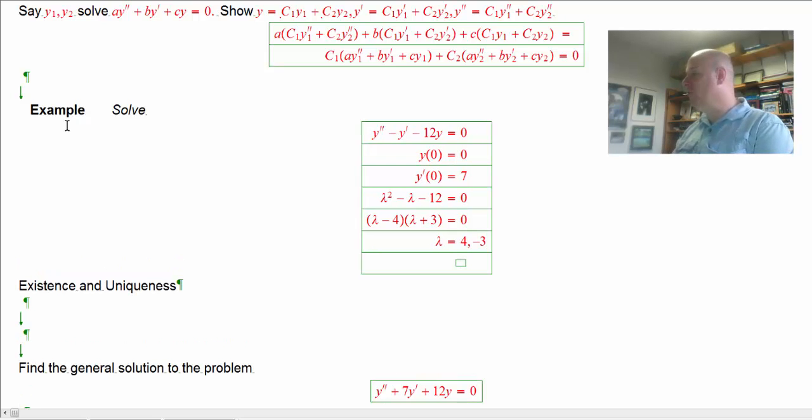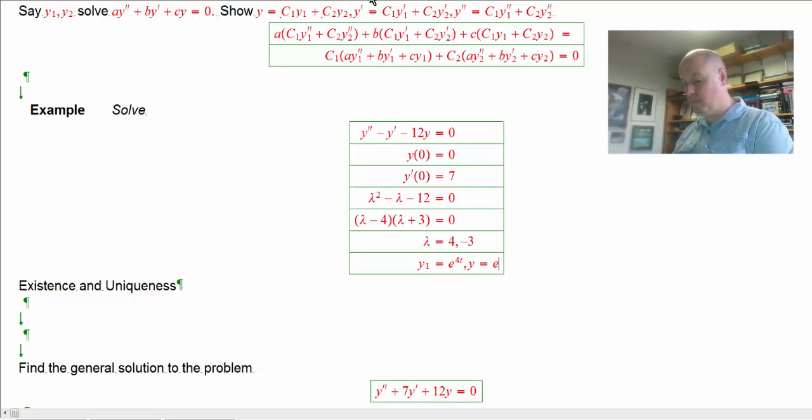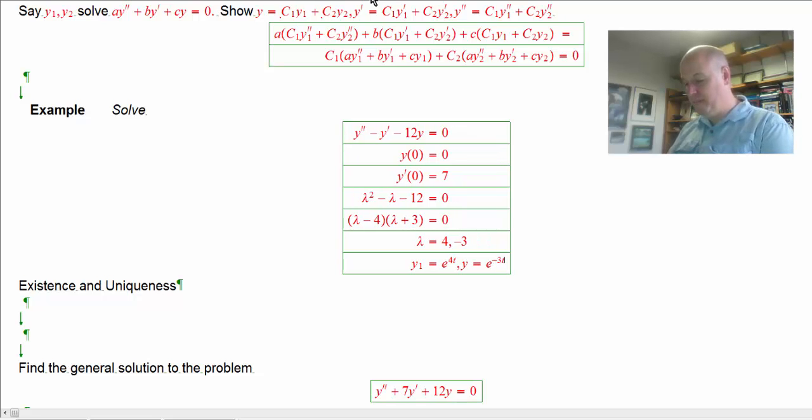So I get two little solutions then. I get a little solution e to the 4t, and I get a little solution e to the minus 3t.